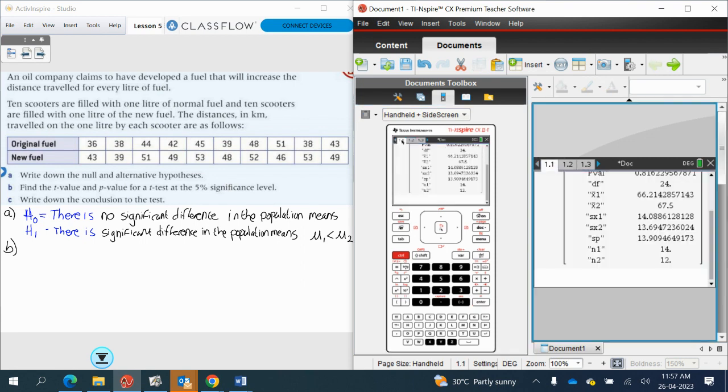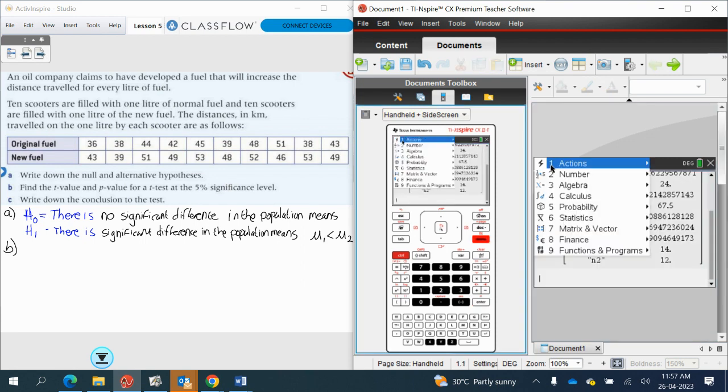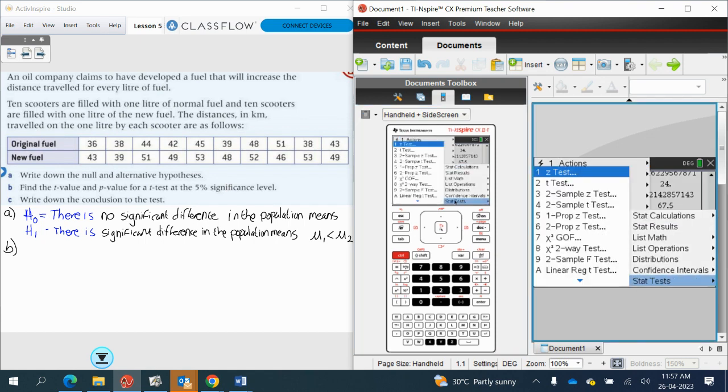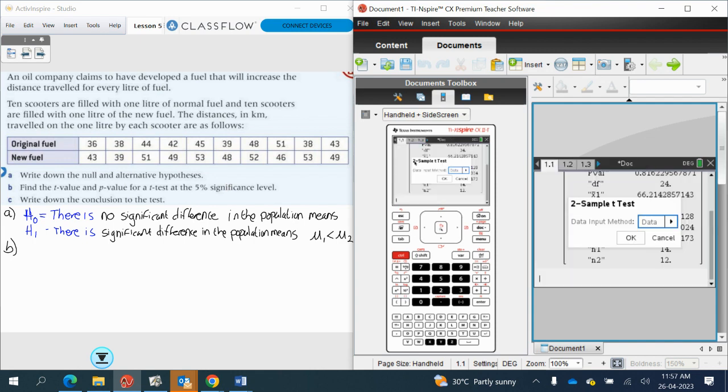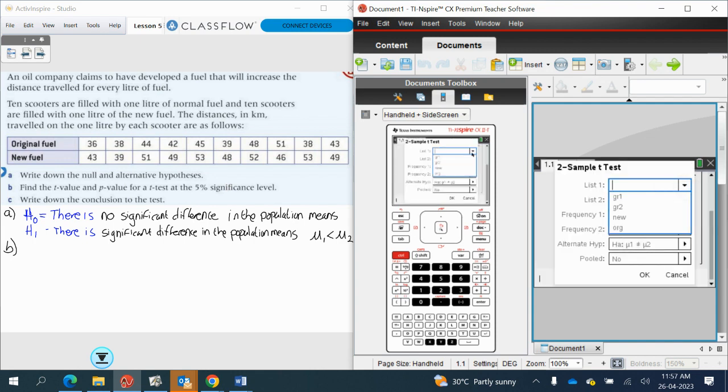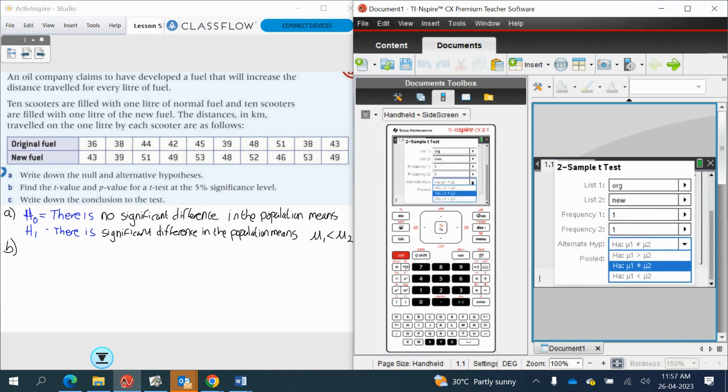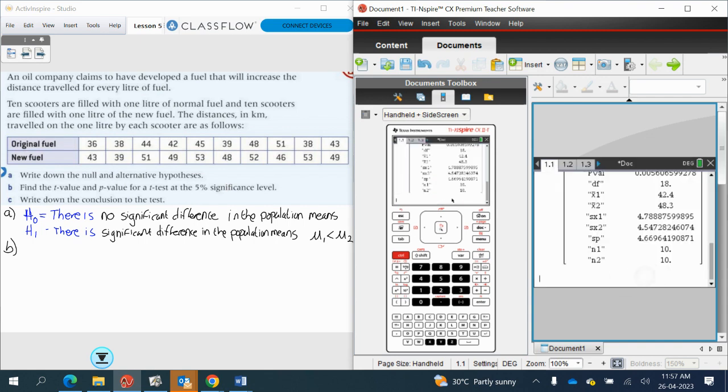We go over to the calculator screen. We want menu, statistics, stat tests, two sample t-test. We've got the original and then the new. And this time we want that mu1 is less than mu2, meaning that the new fuel lets the scooters travel further, and pooled we want yes.